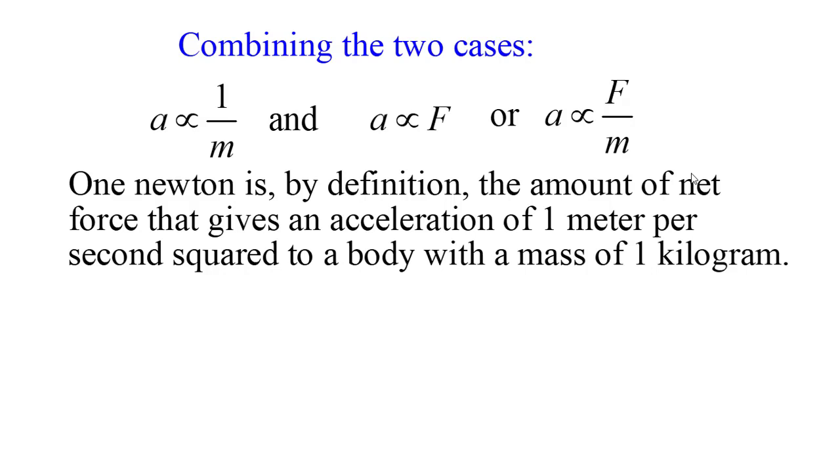By definition, 1 Newton is the amount of net force that gives an acceleration of 1 meter per second squared to a body with a mass of 1 kilogram. So, by choosing the proportionality constant to be 1, we can write a simply to be equal to force divided by mass, or possibly, force is equal to mass times acceleration.